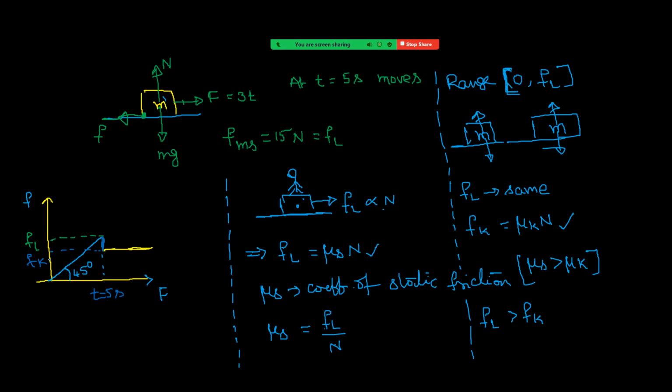So when you plot a graph between applied force and frictional force, it is a straight line passing through origin whose slope equals 1, because slope equals tan 45, which is 1. And just after the block comes into motion, friction becomes immediately constant, which is kinetic friction.